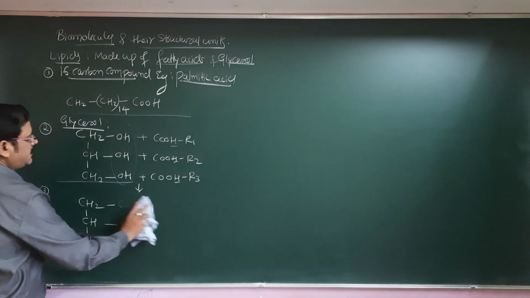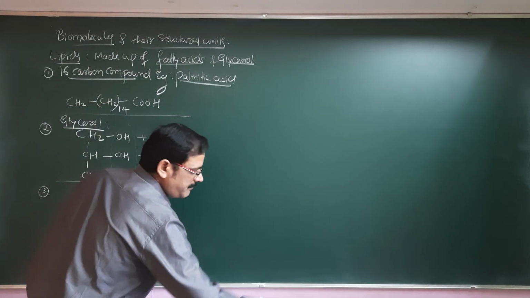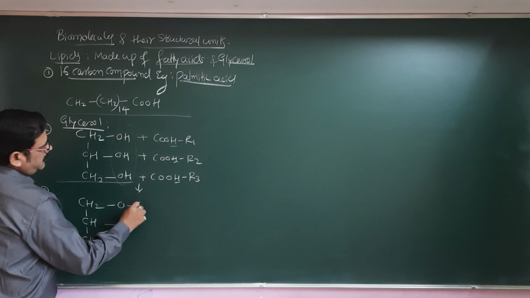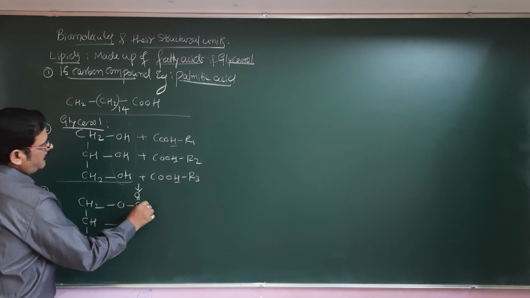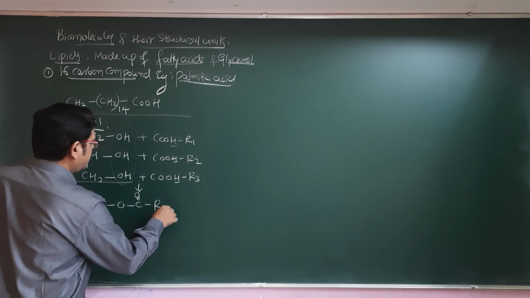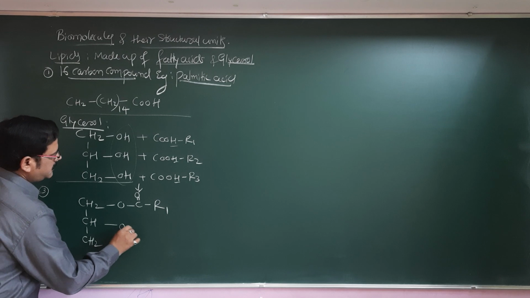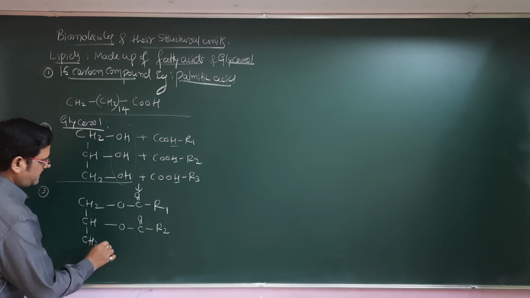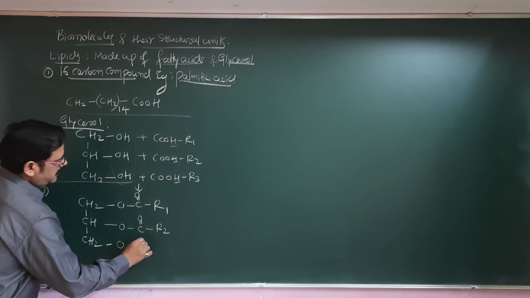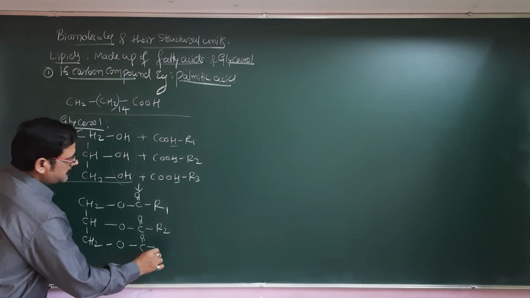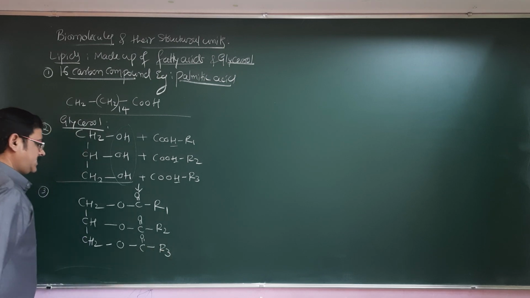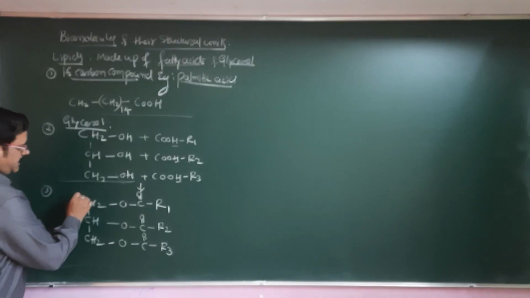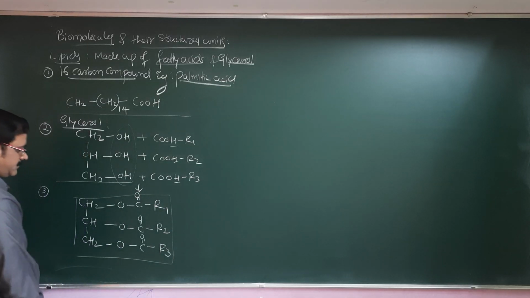Instead of like this, we can write oxygen, carbon double bond O, R1. Oxygen, carbon double bond O, R2. Oxygen, carbon double bond O, and then R3. So now it is a triglyceride compound.